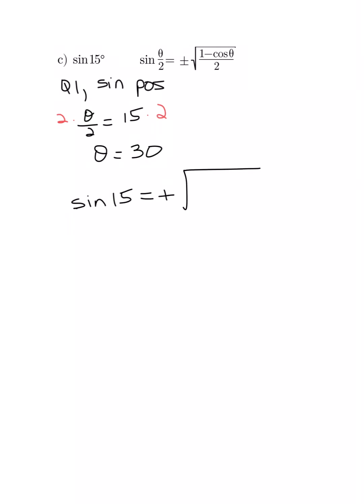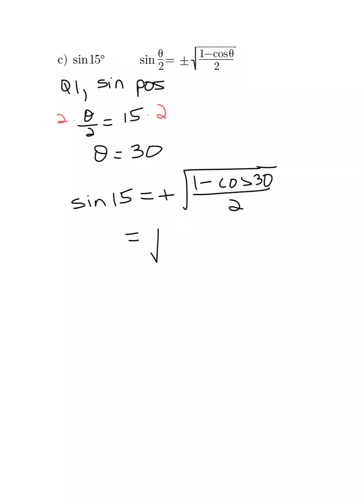1 minus the cosine, we just said theta is 30, over 2. Because it's positive, I don't need to continue to write that positive sign. I just wrote it that first time as a reminder.